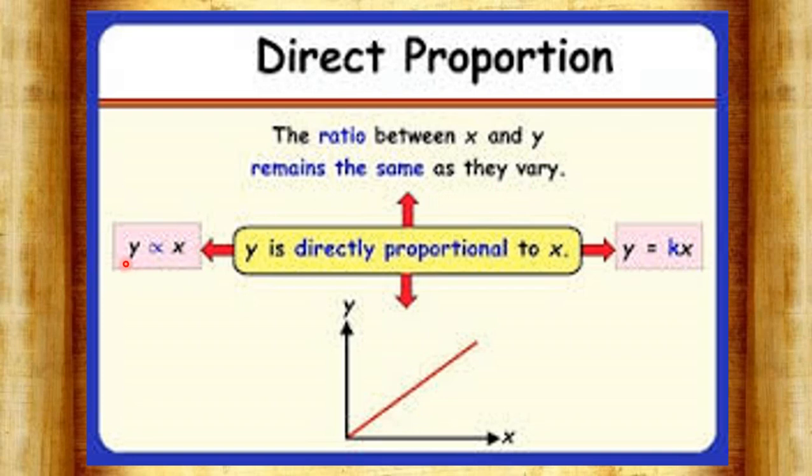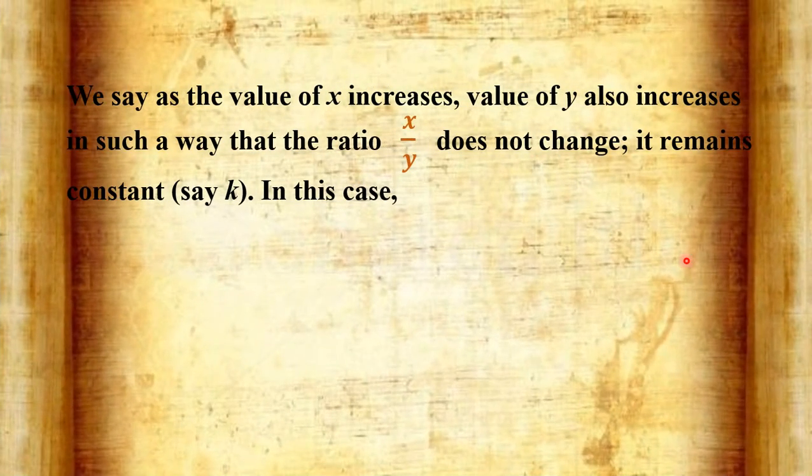That means we can write y is directly proportional to x. This sign shows the direct proportion sign. So we can say y is equal to kx, where x is the value of one quantity, and y is the value of another quantity.